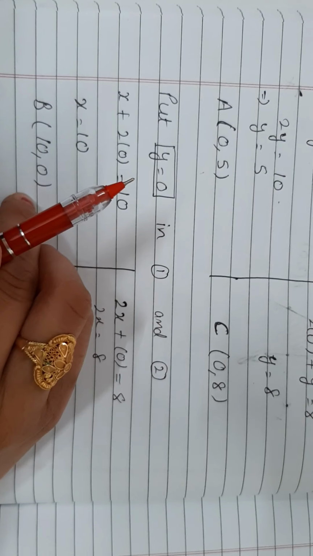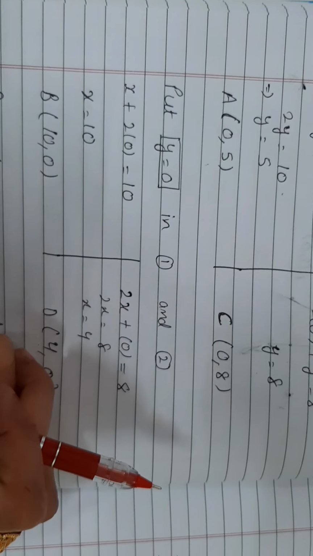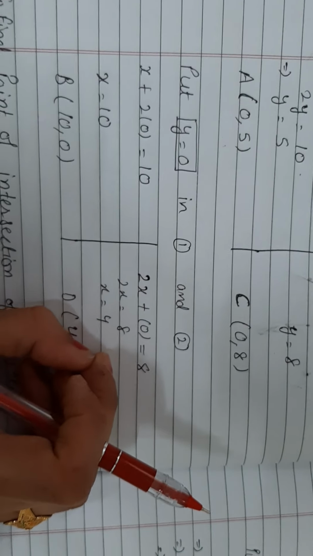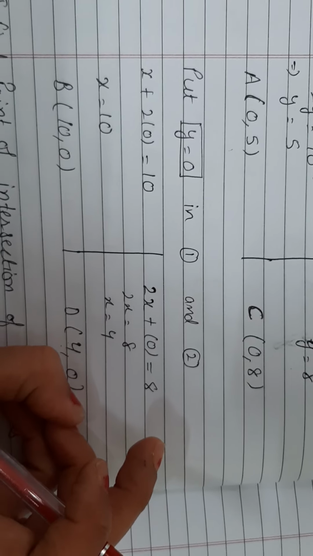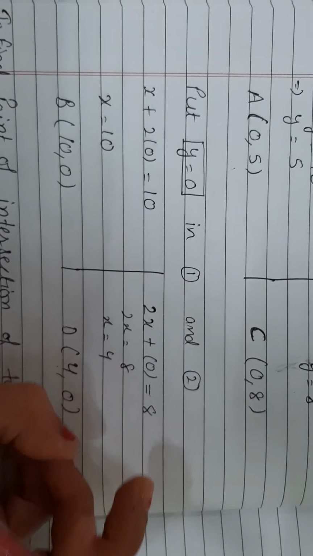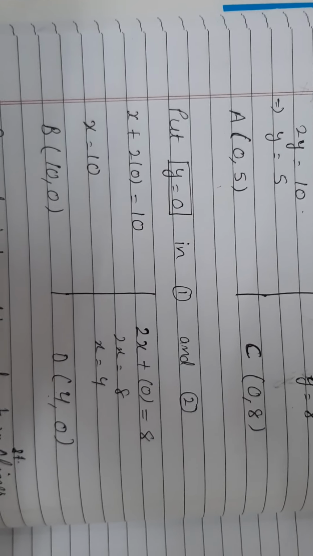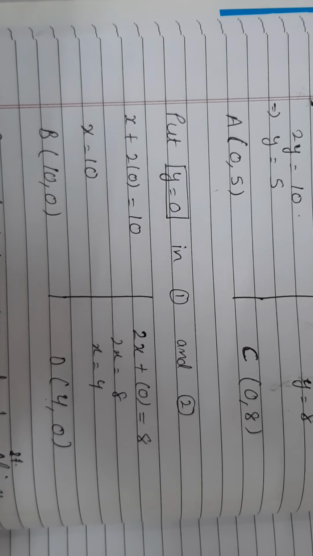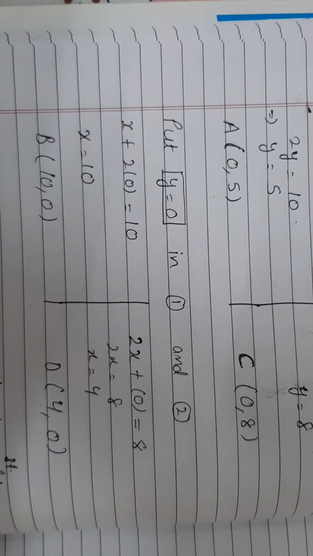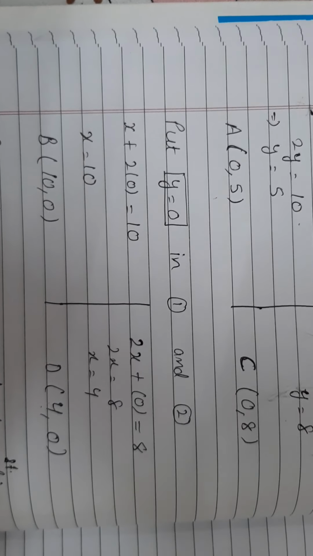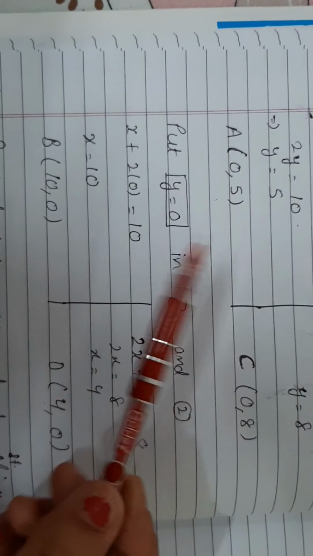These 2 points are of the first line and these 2 points are of the second line. Now you know very well, in 10th class you have studied this concept: whenever two lines are there, they can be intersecting lines, coincident lines, or parallel lines. We don't know what these two lines are.